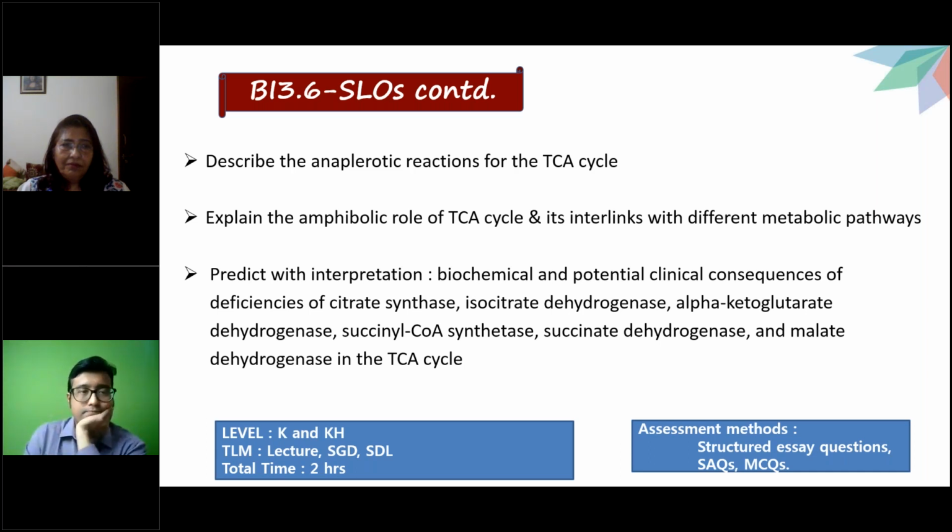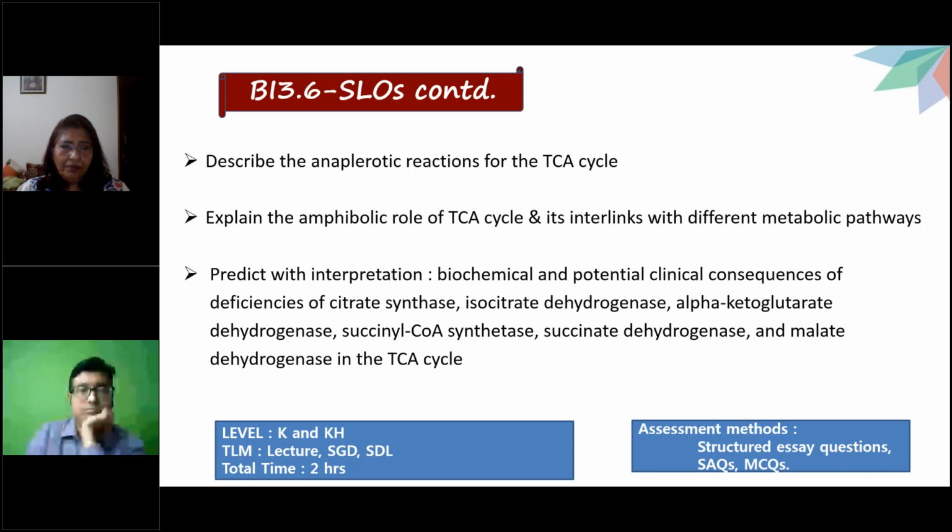Next is the interpretative part. They should be able to interpret and predict the biochemical and potential clinical consequences of deficiencies of different enzymes like citrate synthase, isocitrate dehydrogenase, alpha-ketoglutarate dehydrogenase, succinyl coenzyme A synthetase, succinate dehydrogenase, and malate dehydrogenase, which are very important in the TCA cycle.